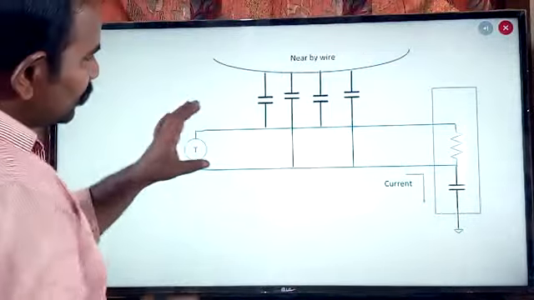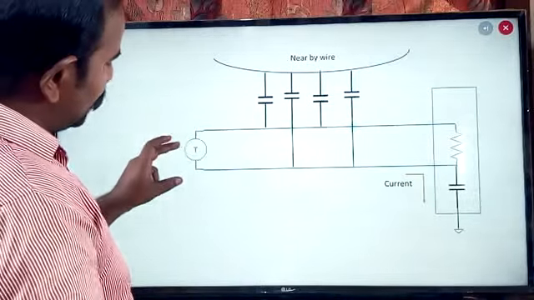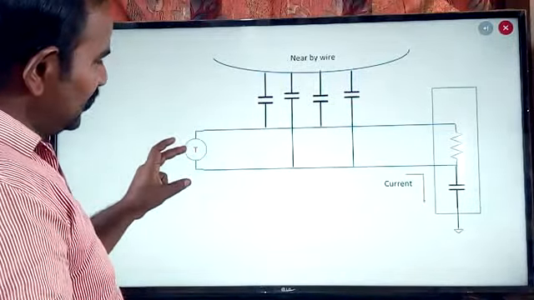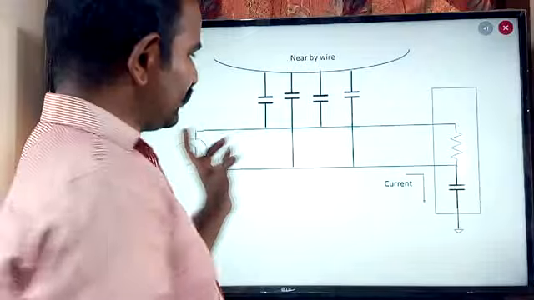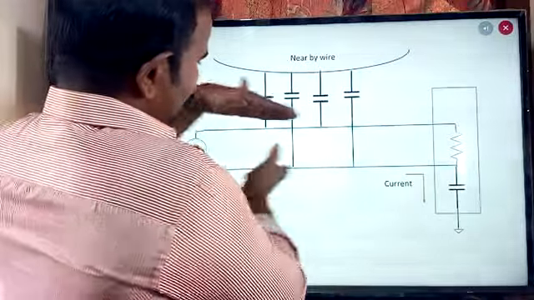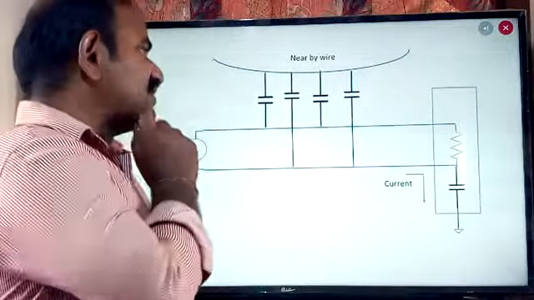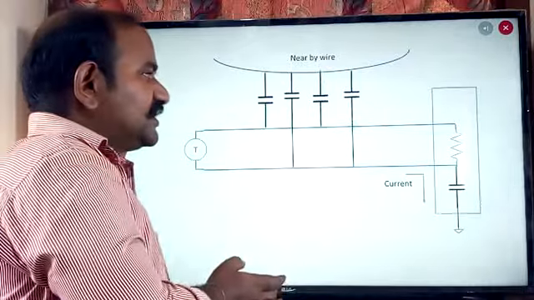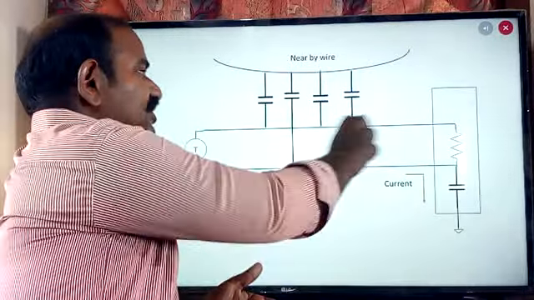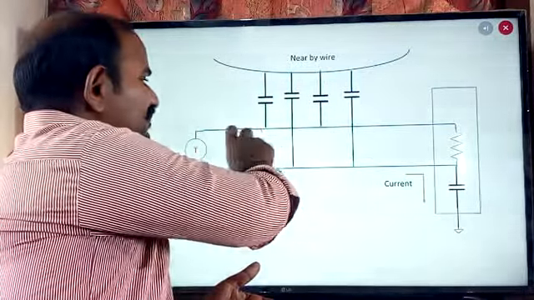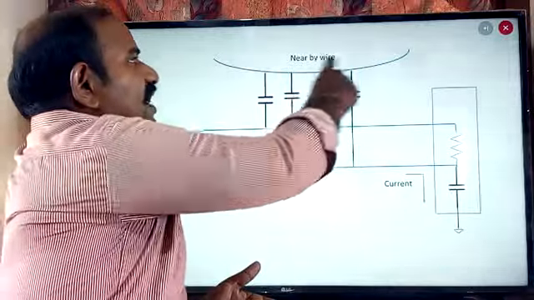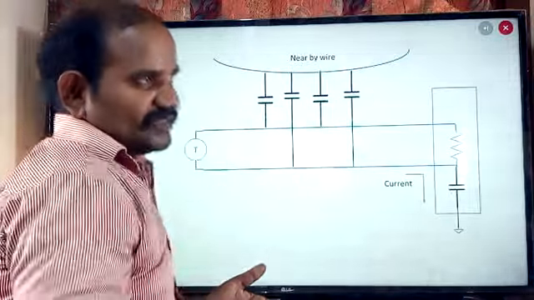So this is the communication path to communicate our transducer measuring element with the instrumentation amplifier. Between these two we have the communication path. I told you that noisy signals get involved in the communication path when we place it near high voltage wires.